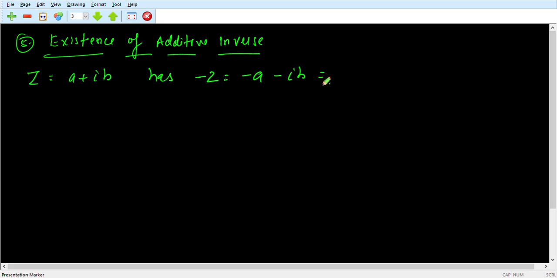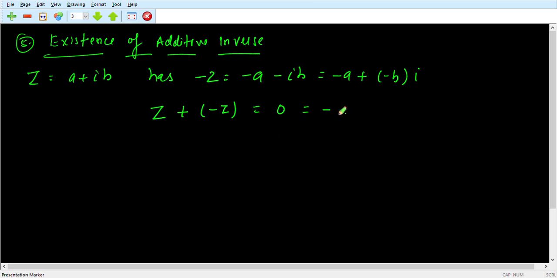Or you can write minus a plus minus b iota, as its additive inverse. Meaning if you add z plus minus z, you will get 0 only.